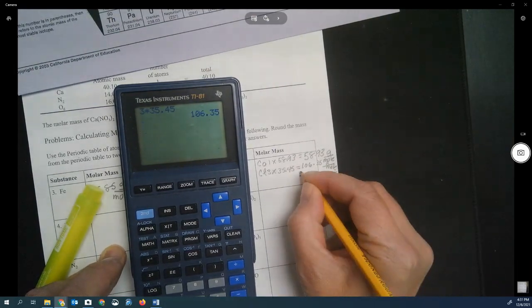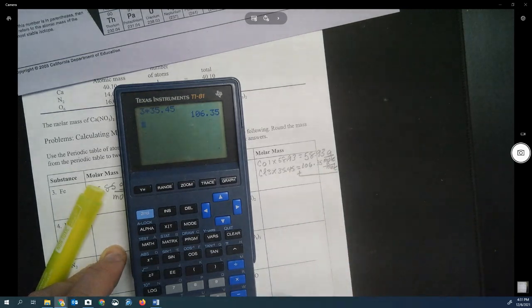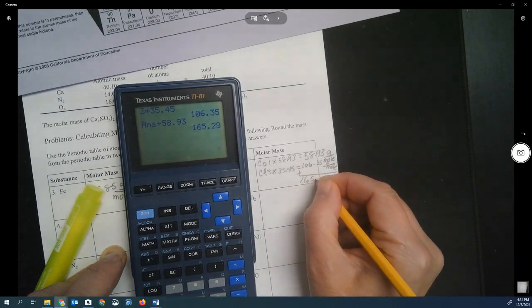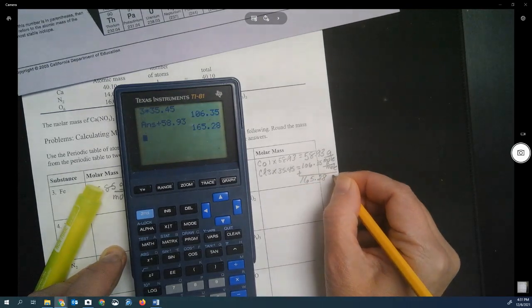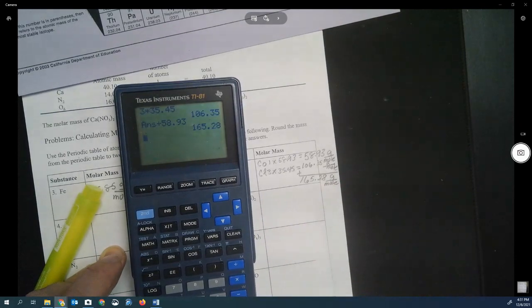Okay, and to get the molar mass of the entire compound, I am going to add these together. So my 106.35 plus 58.93, and I get a total mass of 165.28 grams per mole.